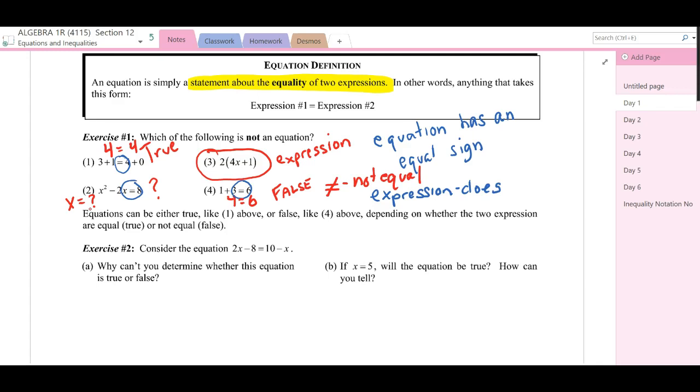So in exercise 2 here, it says consider the equation 2x minus 8 equals 10 minus x. Part A says, why can't we determine whether this equation is true or false?